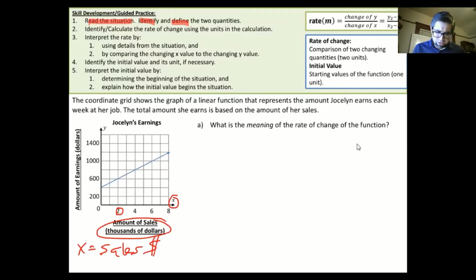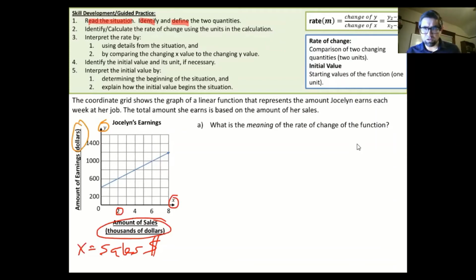Okay, well, let's look at our second quantity. Our second quantity would be on the y-axis. Let's go ahead and change colors here. On the y-axis, it tells me it's the amount of her earnings. Okay, so this could be tricky.